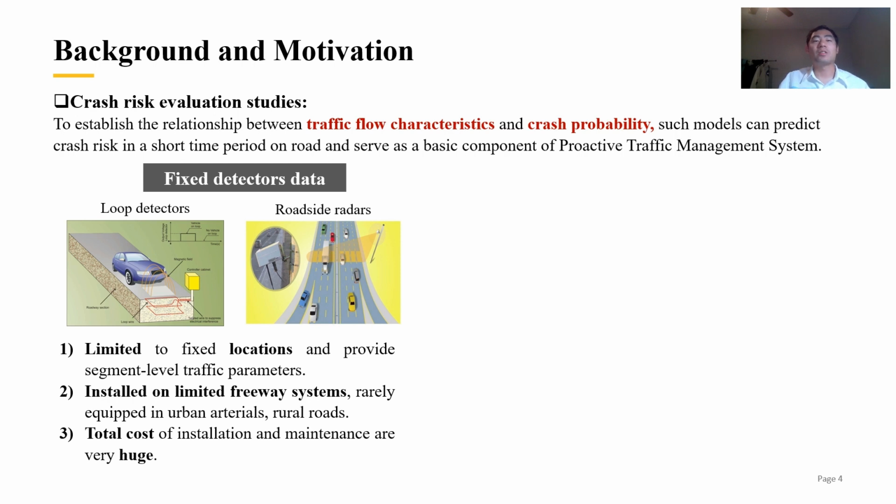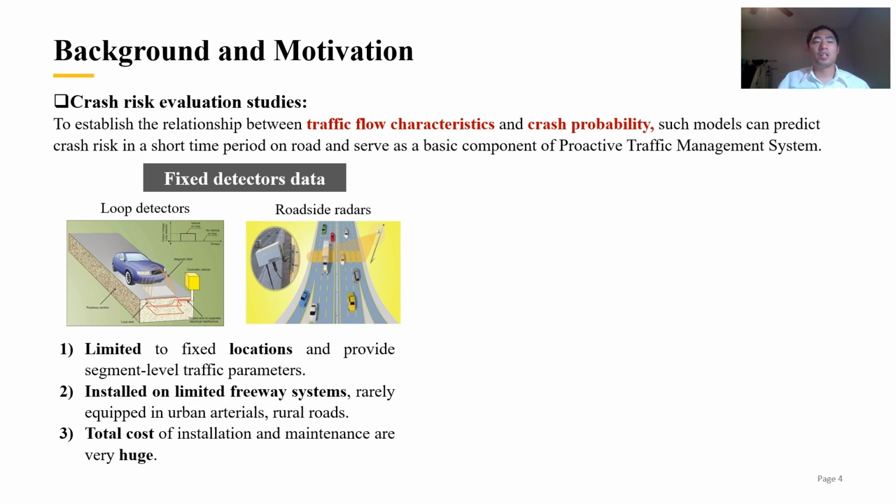Since these studies have been developed for 20 years, most of the existing studies use fixed detector data, for example, loop detectors and roadside radars. However, they have some disadvantages. They are limited to fixed locations and can only provide segment-level traffic information.